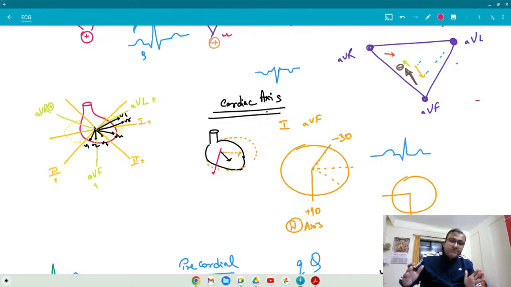S wave, remember, is basal depolarization. Basal depolarization is bigger. So if in lead 1 the S wave is prominent, along with that lead 2, lead 3 and AVF have QRS positive, it indicates that the direction of the voltage is towards the right side. That means maybe right ventricular hypertrophy. Correct?